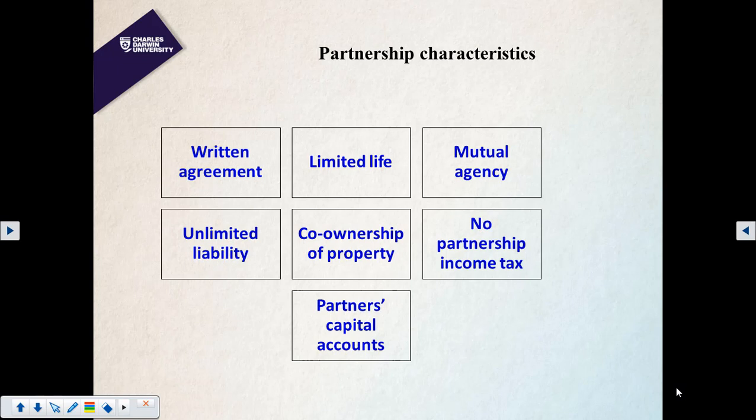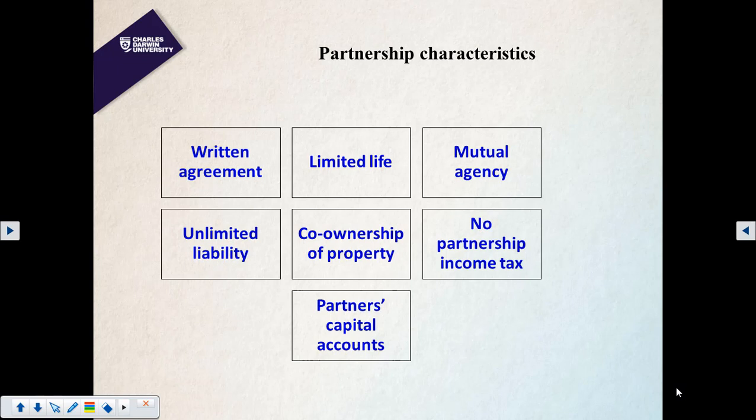Whenever you are going for a business or looking for an ABN number or anything, if you are doing a business with 2 persons, it has to have a written agreement. The characteristics are limited life, mutual agency, unlimited liability, co-ownership of property, no partnership income tax, and partners' capital accounts.